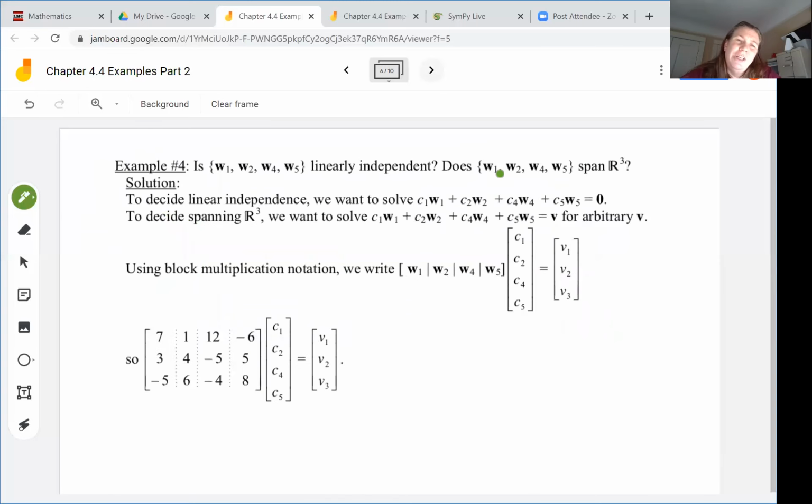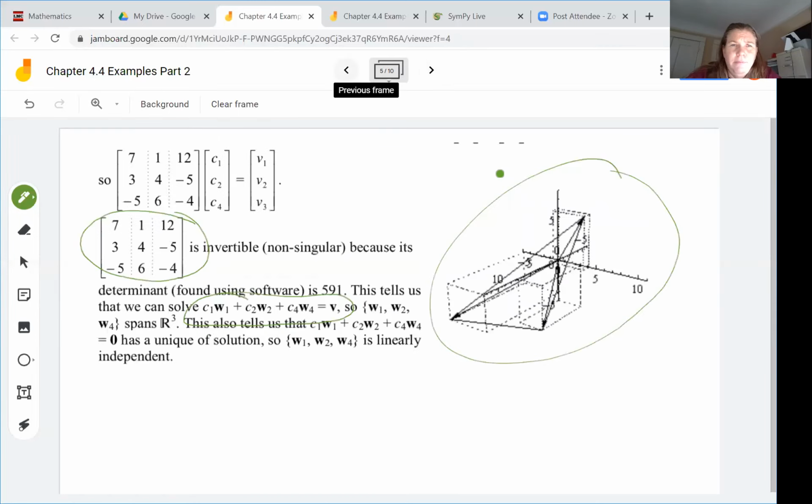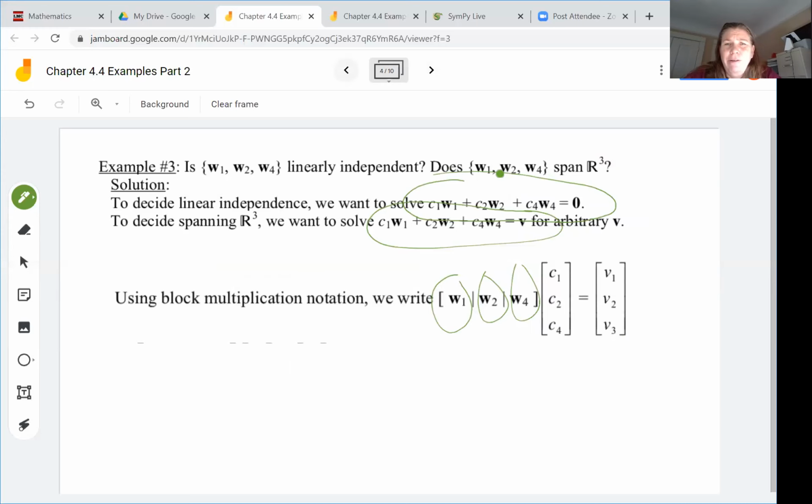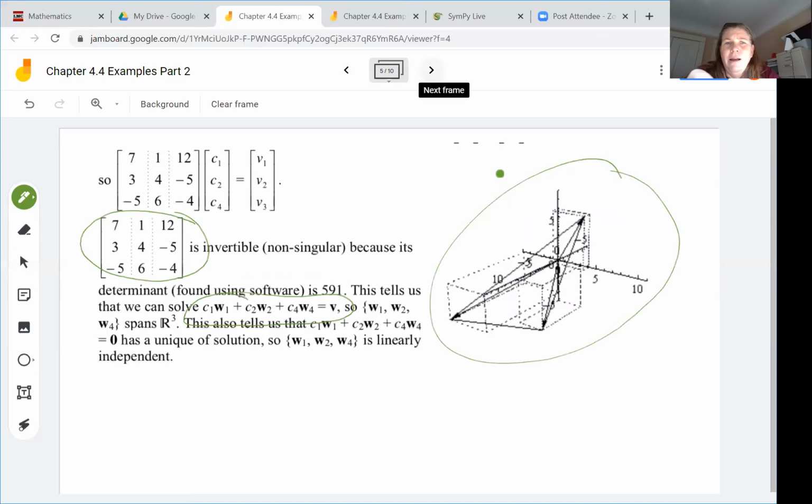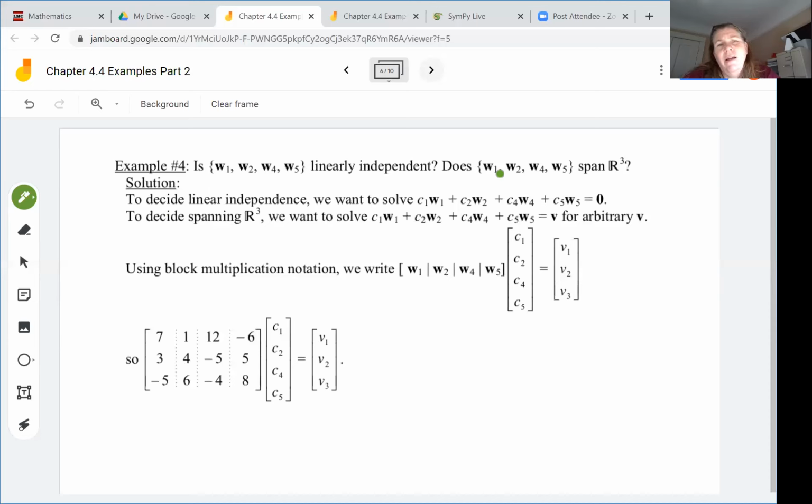So for example 4, we're going to check the set W1, W2, W4, W5 to see if it's linearly independent and if it spans R3. So notice before we had 3 vectors that we were checking for linear independence and spanning, and now we're checking a set of 4 vectors. To decide linear independence, we're going to solve this equation, C1 W1 plus C2 W2 plus C4 W4 plus C5 W5 equals 0. And to decide spanning, we're going to set this same equation equal to an arbitrary vector.